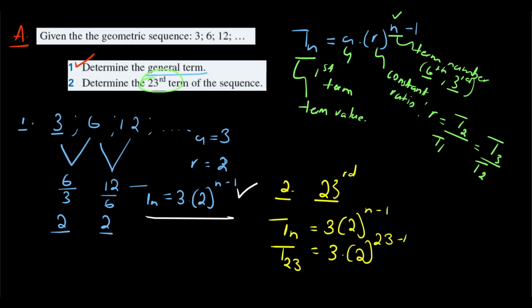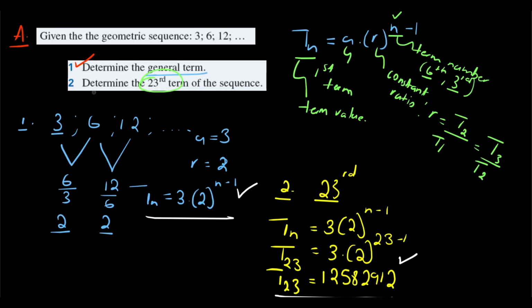We go onto our calculator and type that in, and our answer will be 12,582,912. That will be our 23rd term, and we would have answered our question and gotten all our marks.